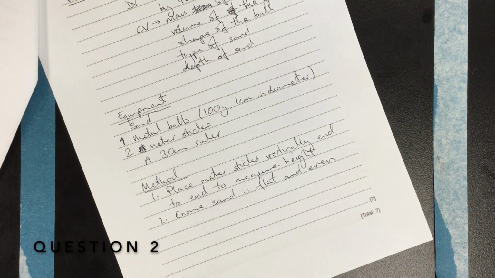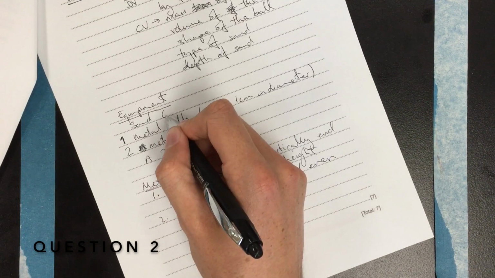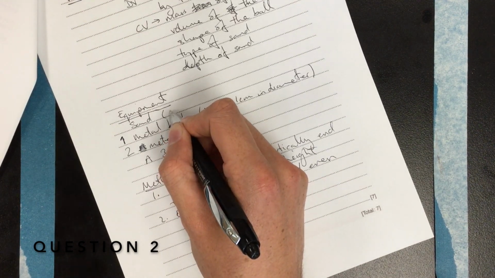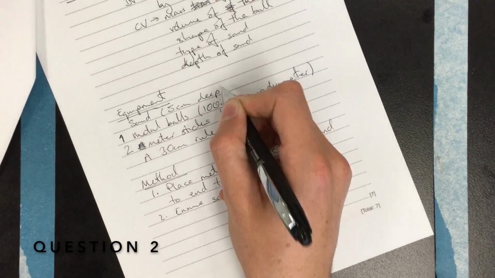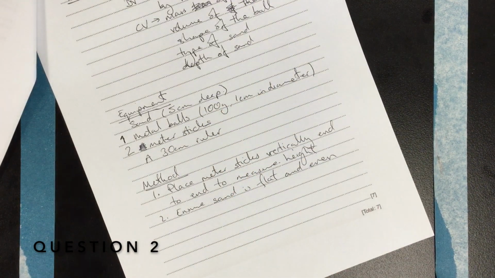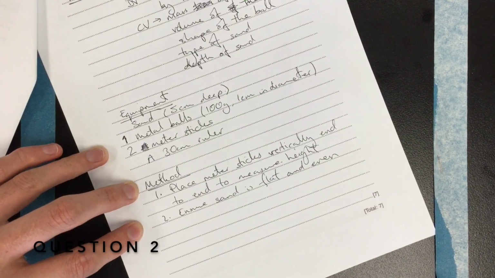At this point, I'm actually thinking, well, I want to make sure the depth is suitable, so I'm going to add into my equipment list sand, and let's make it 5 centimeters deep. I could say more, it doesn't matter, but I definitely don't think anything less than 5 centimeters would be appropriate. And that's the same for everyone again.